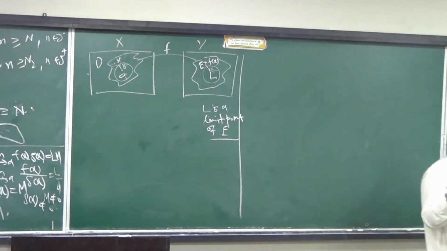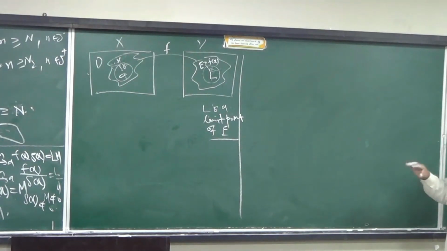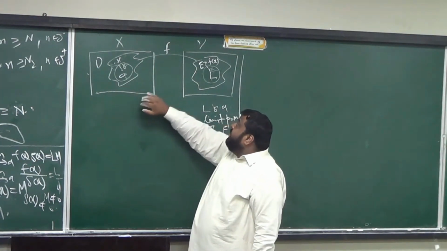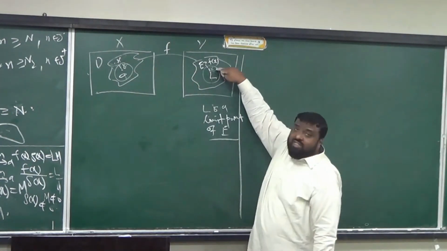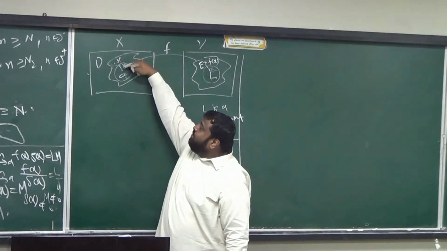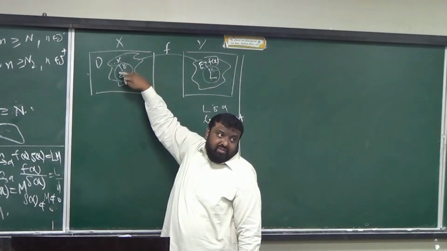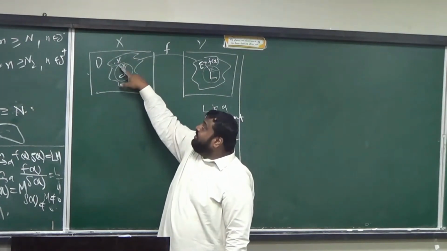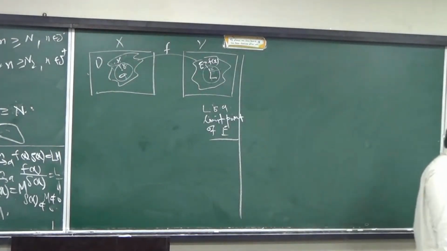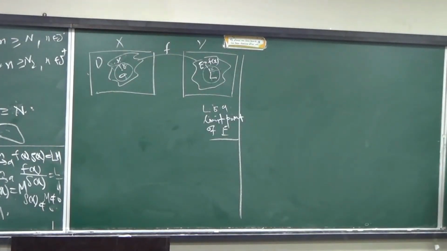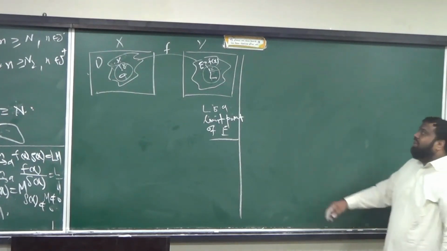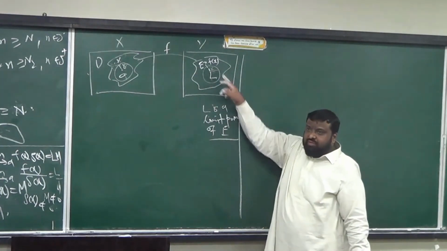Not getting into this sophistication, but I'm saying that if this is a domain and I want f of x to be closer than epsilon, then my x's should be closer to A than by this distance. So if I can play this game of epsilon and delta, for every epsilon I can always find a delta, and we say that this is really getting good.